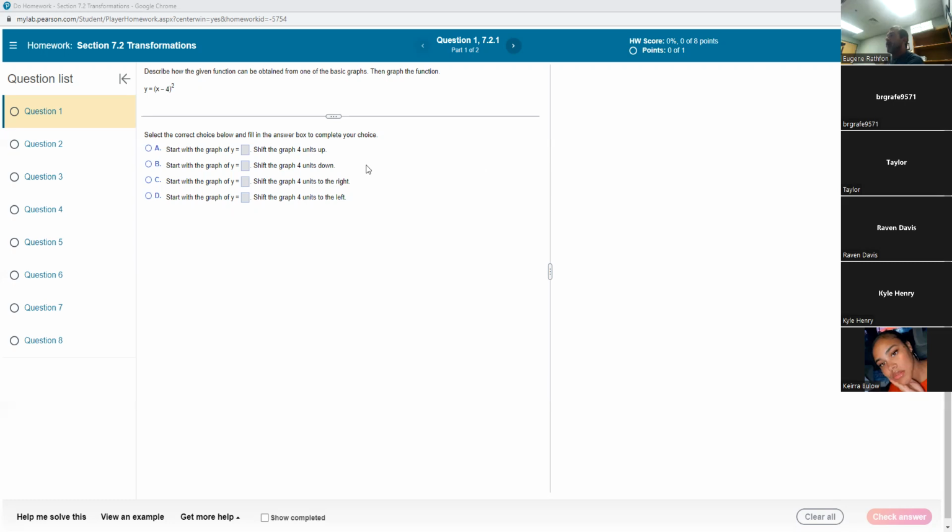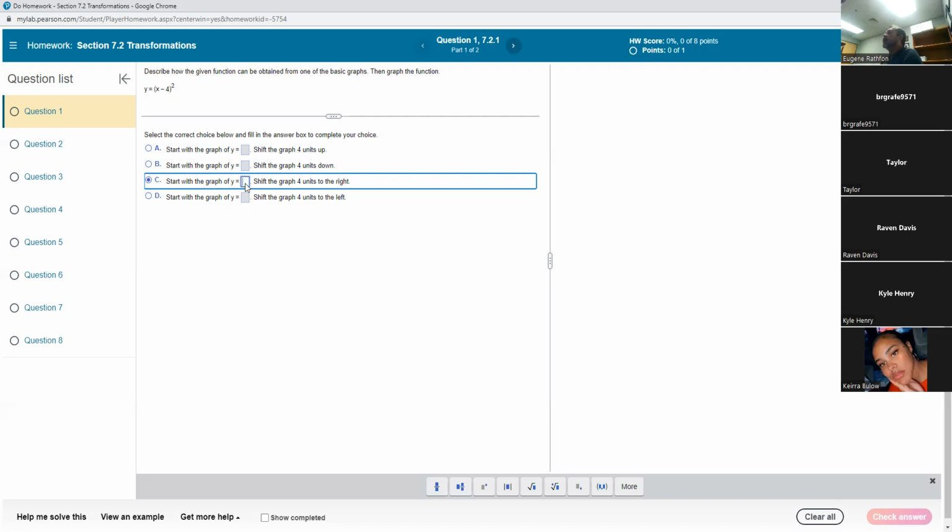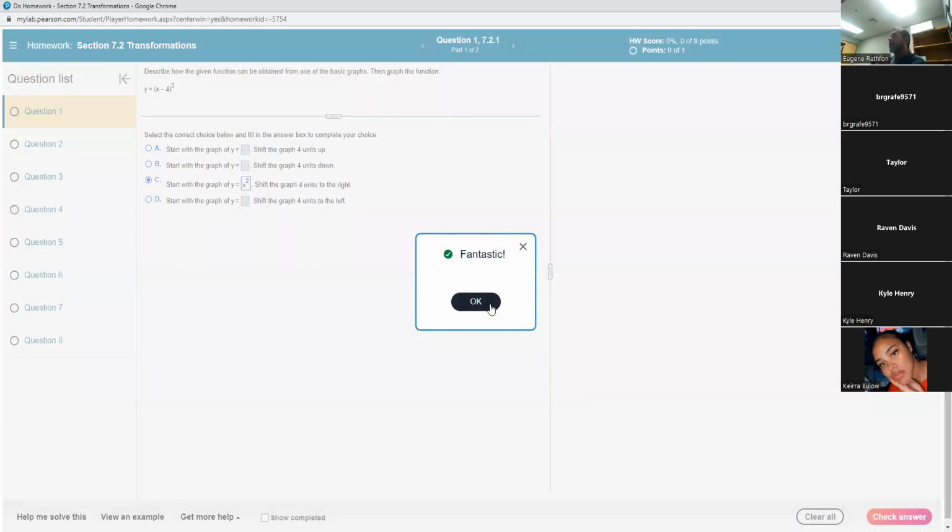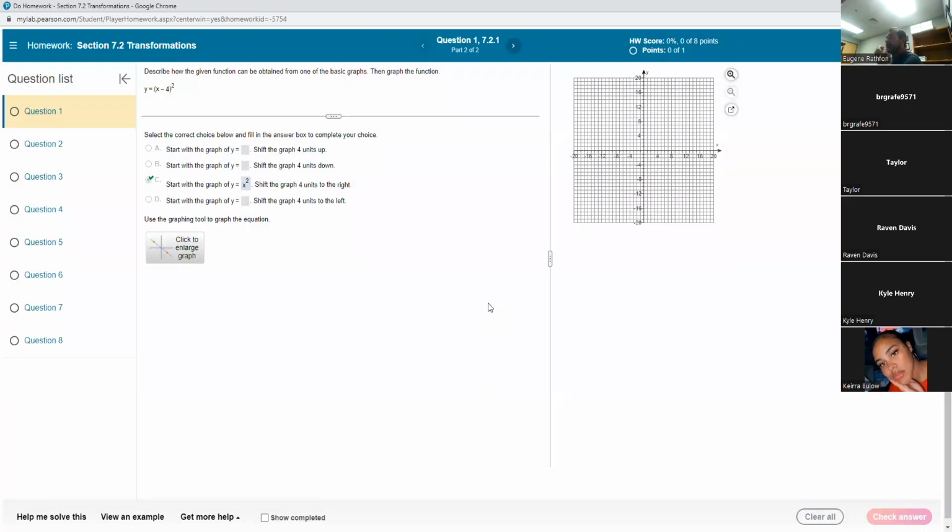Y'all said move it right 4 units. So yeah, the 4 is treated like the d, remember, it's inside the parentheses. So we need to pick the one that says we went right 4 units. So that'll be C. And then what you got to do is put in the basic graph, which was the x squared. So we would punch in our x and then go down here and square it. So y'all, once you do that, you'll check and move on to the next one.